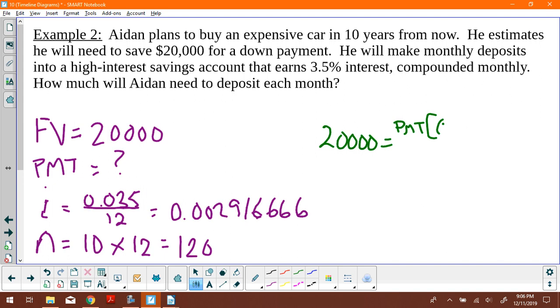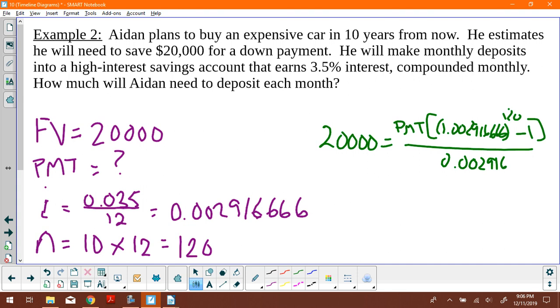My interest rate part is 1.002916666 to the power of 120, minus 1, all over 0.002916666.